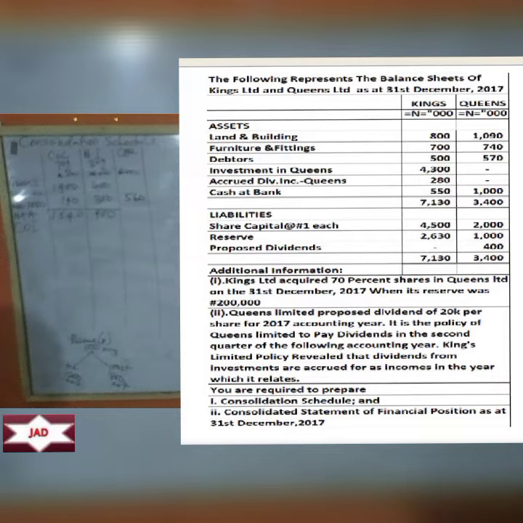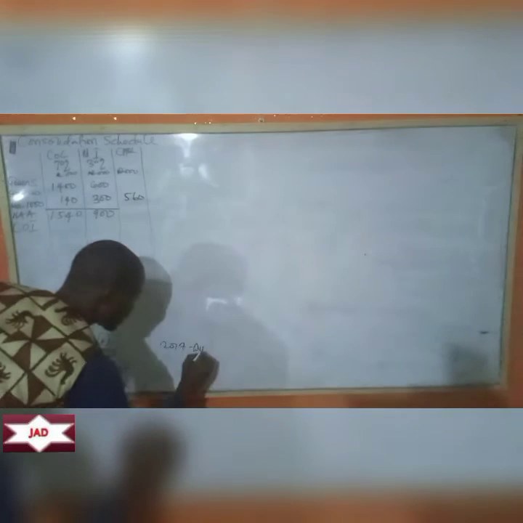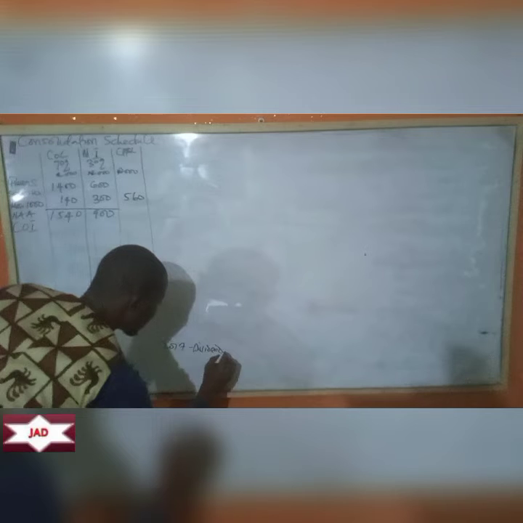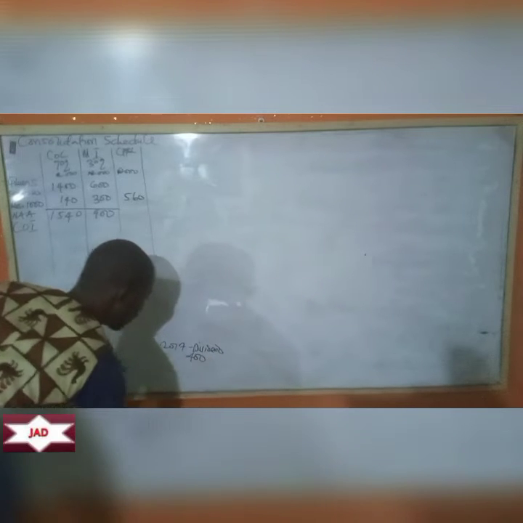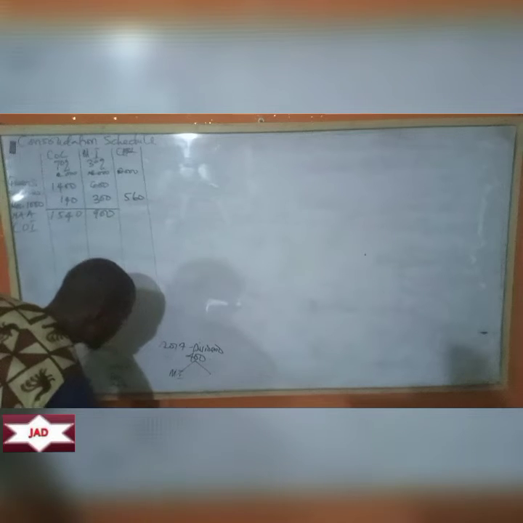4.3. But there's something that has to affect it there. There's a dividend declared by Queens in 2017. How much is that? 400. So you have minority interest.